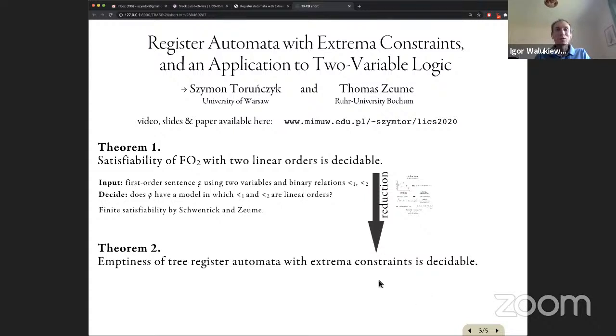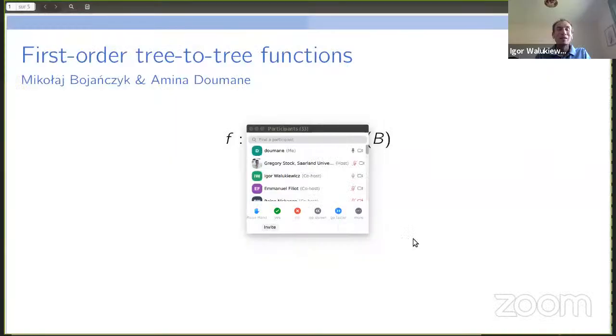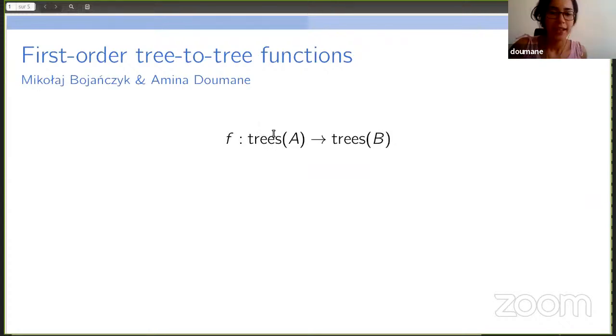So now it's time for Amina Doumane, who presents the paper First Order Tree-to-Tree Functions, joint work with Mikołaj Bojańczyk. Okay, so hi everyone. This is a joint work with Mikołaj Bojańczyk, and our main focus in this paper was first order tree-to-tree functions.